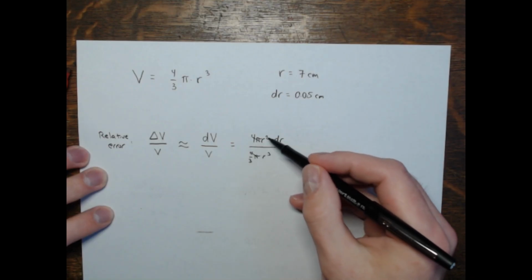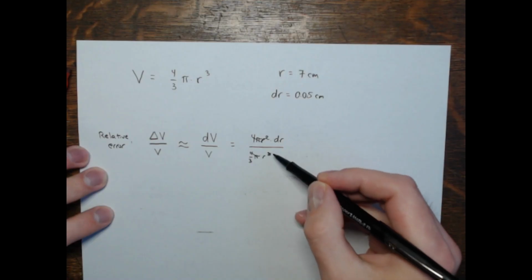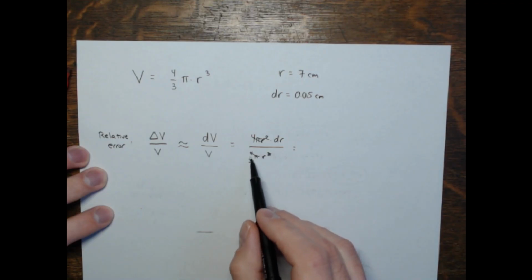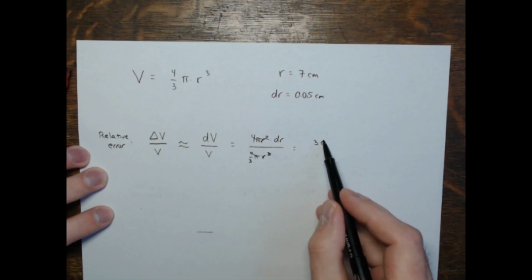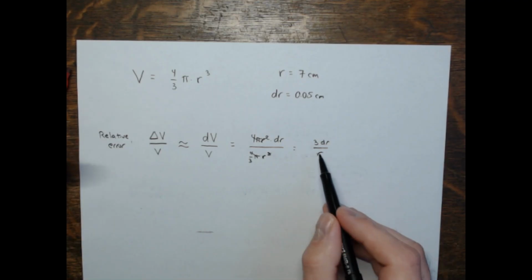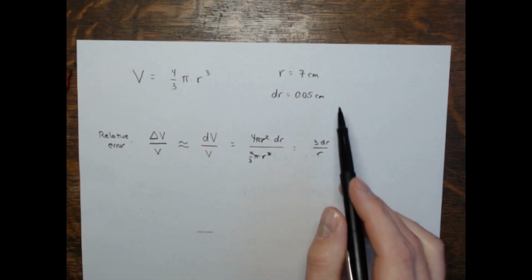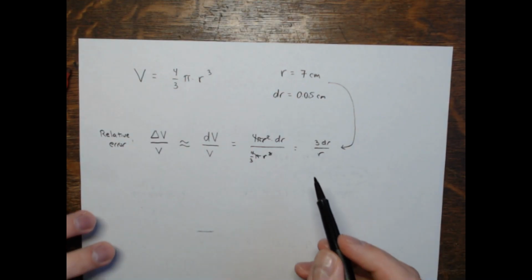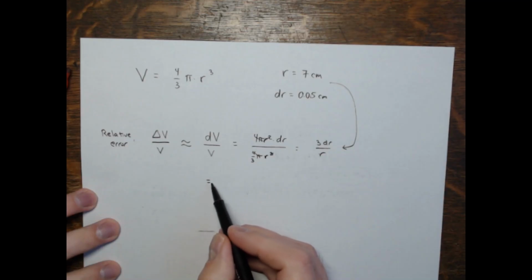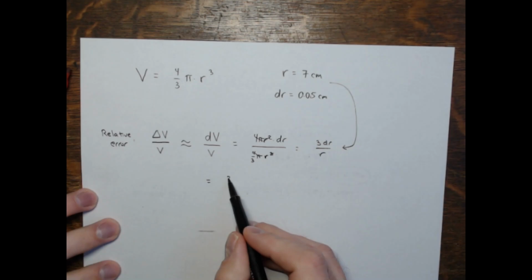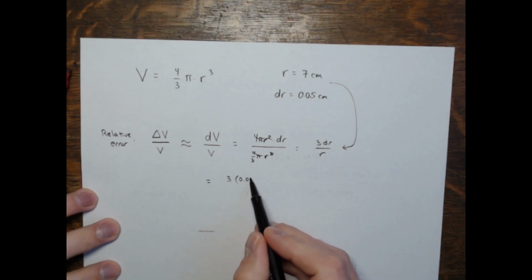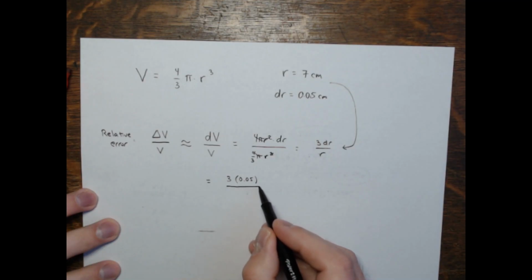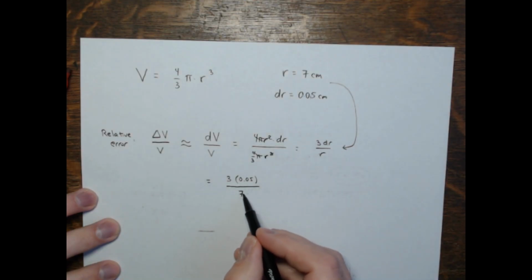The 4 pi go away, the R squareds go away, and you have just R down here. And then, instead of dividing by 3, I multiply by 3. So this is 3 dr in the numerator, and then just R in the denominator. Then I pop my numbers in, and there's our relative error. So the relative error is 3 times 0.05 divided by the initial value of R, which was 7.